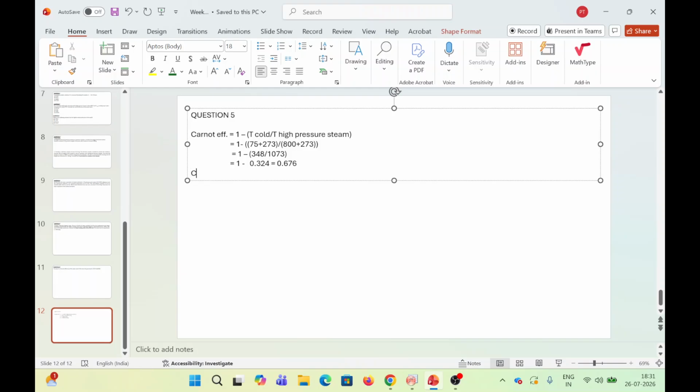Or in terms of efficiency, if you write, Carnot efficiency is equal to 67.6%. Oh, 67.56.